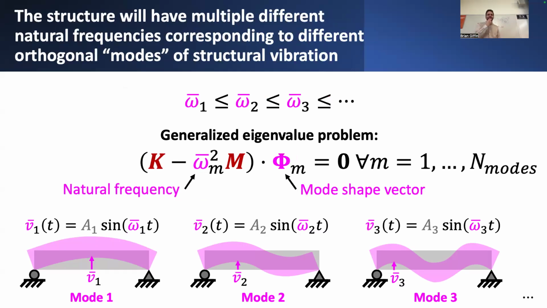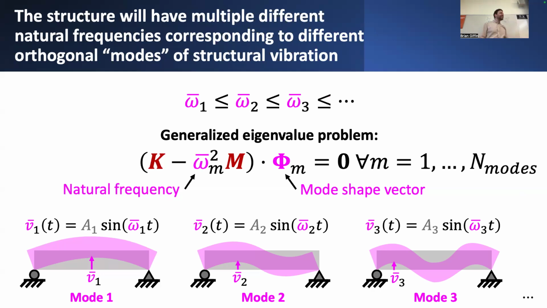And in fact, usually, if you want to determine multiple different natural frequencies of the structure, you don't just want to know the natural frequencies, you also want to know the corresponding modes of deformation associated with each one of those natural frequencies. So if I am solving this generalized eigenvalue problem, an alternative way to pose it, rather than as that determinant expression equals 0, is to pose my eigenvalue problem as involving this generalized eigenvector, which I'm denoting with this capital phi.